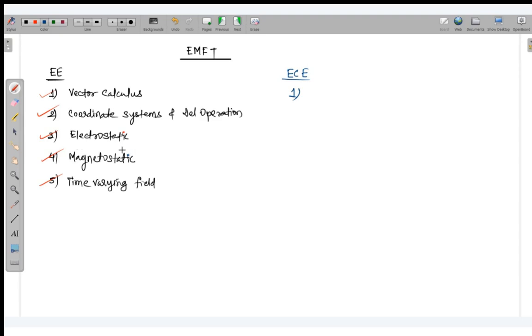So apart from these 5 points that I have written for the syllabus of EE, for all 5 topics we have to cover for the EC students.